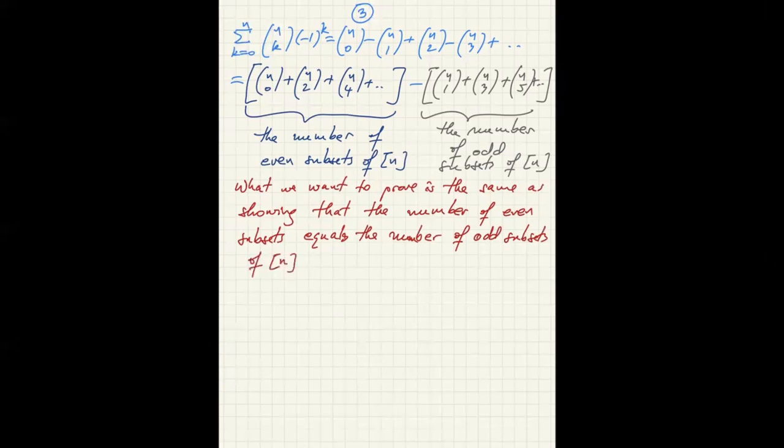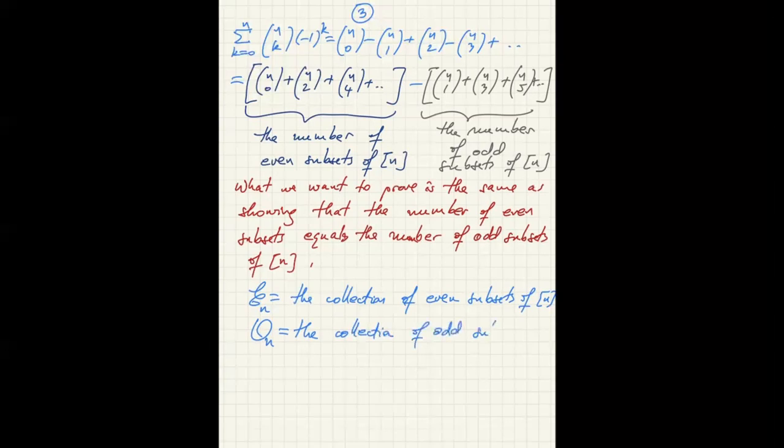Now I'll give you a hint of how to prove this fact. Let's do a direct proof. Let's say E_n is the collection of even subsets, and let's say fancy O_n is the collection of odd subsets.